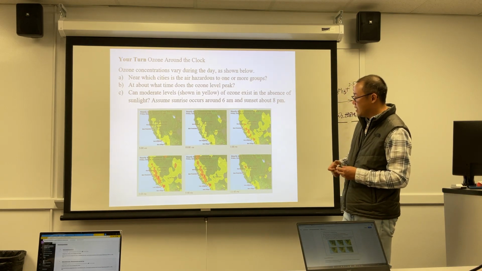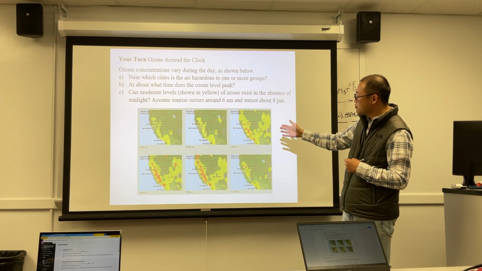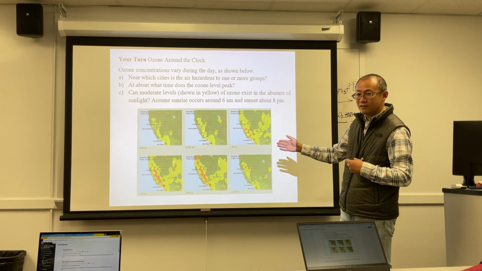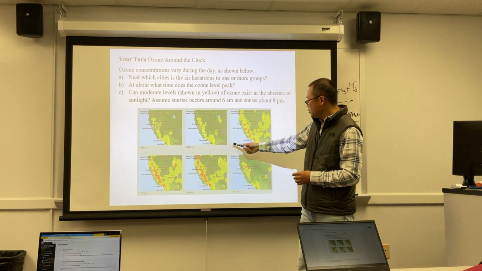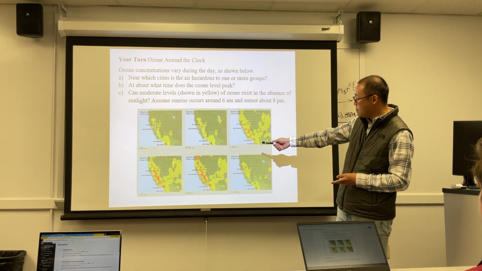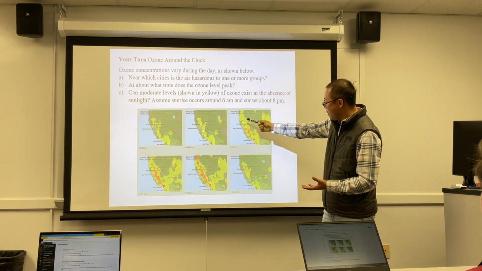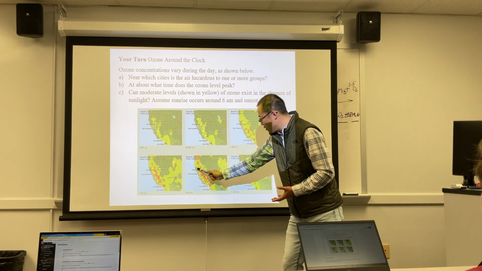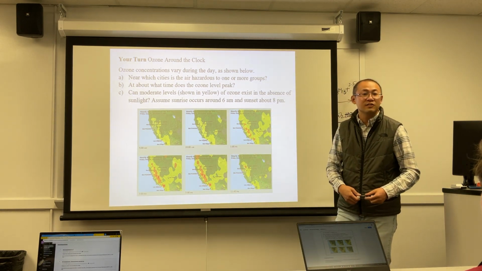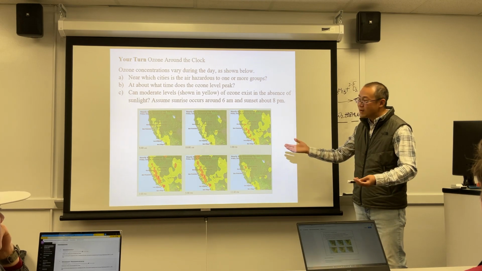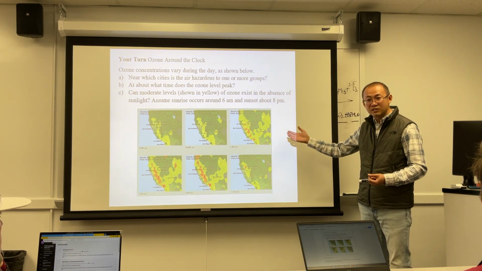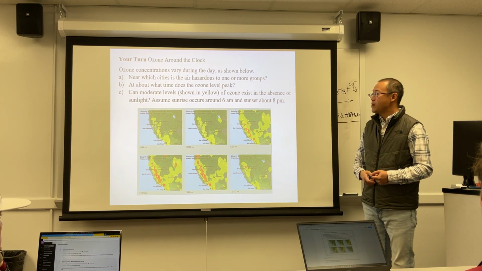You can see the ozone concentration changes during the day from 5 a.m. to 10 a.m. to 1 p.m. all the way to the night. You can see that around noon, late afternoon, the ozone concentration is highest. Why is that? Because of stronger sunlight.